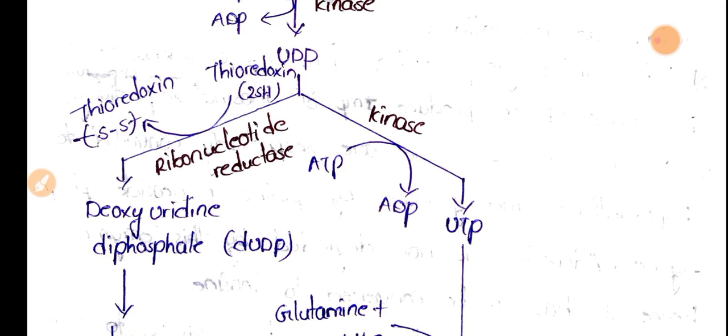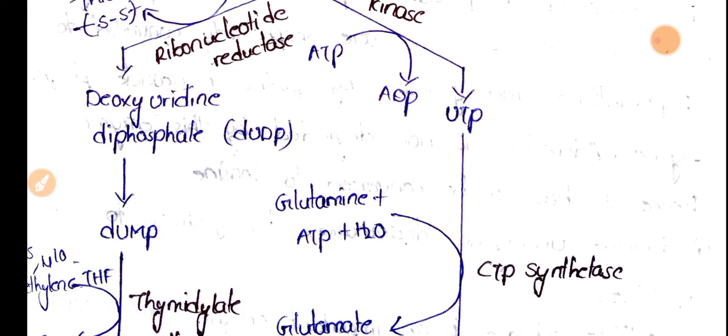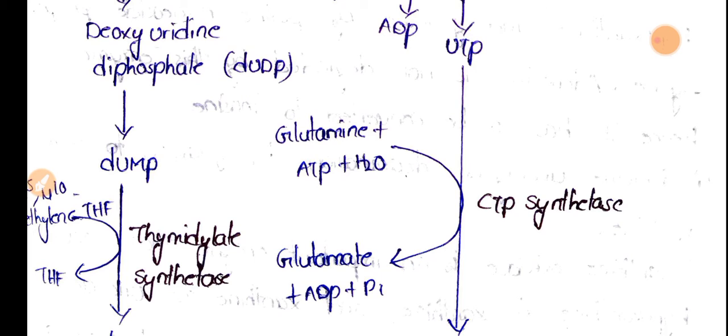UDP is also converted into DUDP, that is deoxyuridine diphosphate, and this is converted into DUMP, meaning one phosphate group is eliminated.